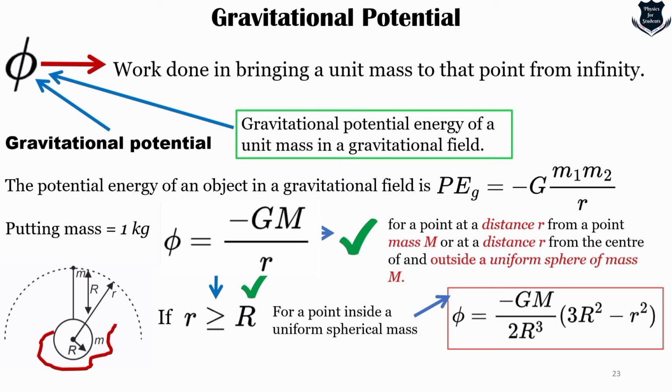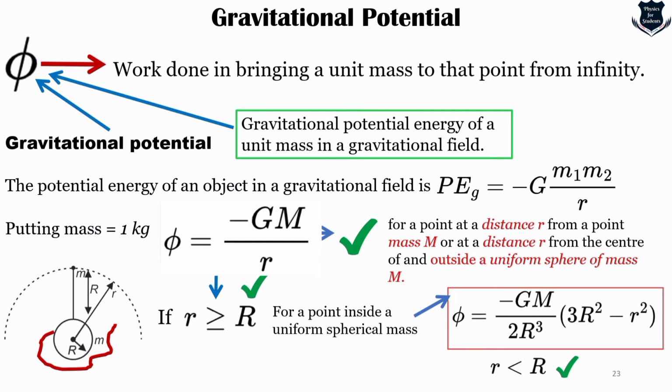A little bit of the derivation comes up: phi equals minus GM over 2R cubed times (3R squared minus r squared).